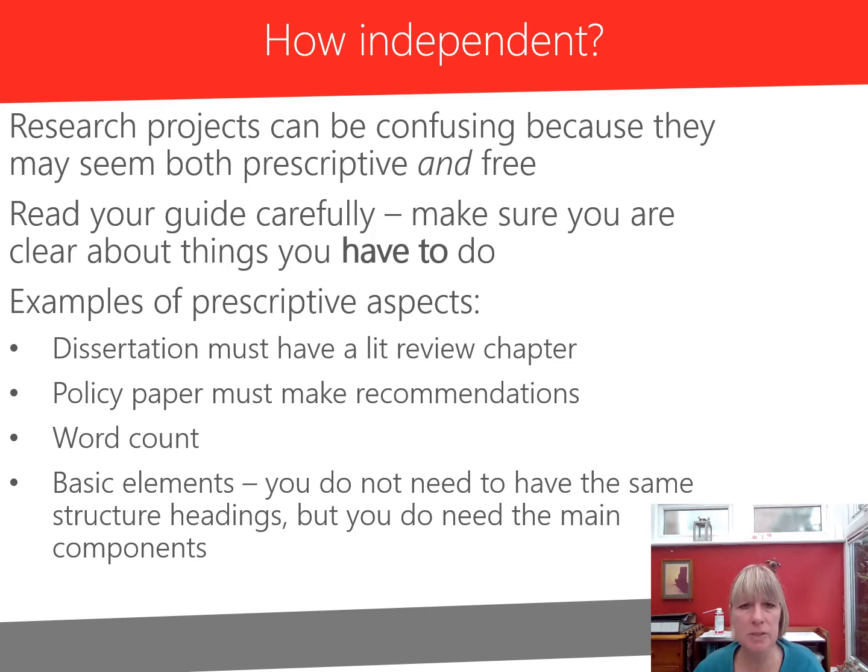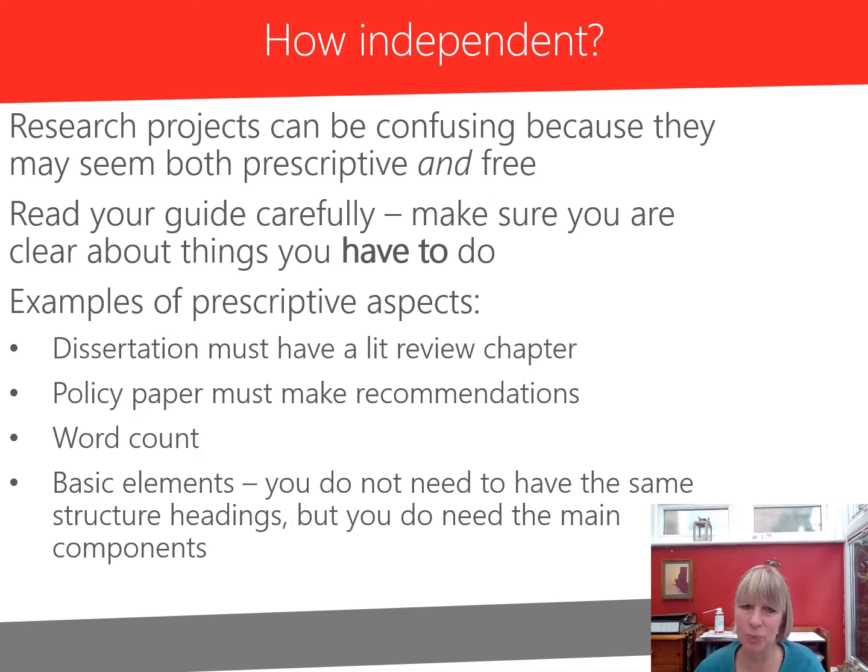Examples of some prescriptive aspects are as follows. Your dissertation, if you're doing a dissertation, needs to have a literature review chapter. If you're choosing the policy paper option, that needs to make recommendations. That's an important aspect of a policy paper. Your word count is prescriptive.